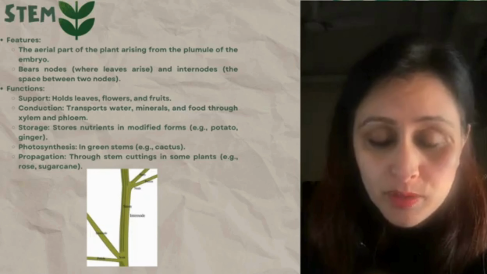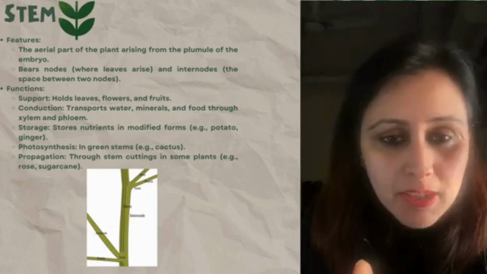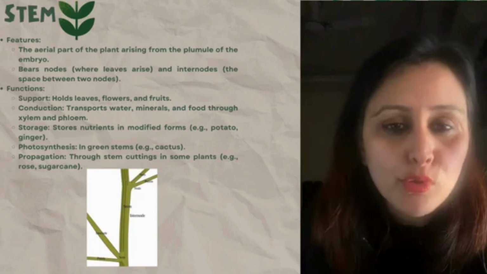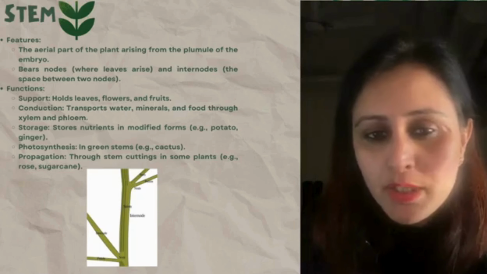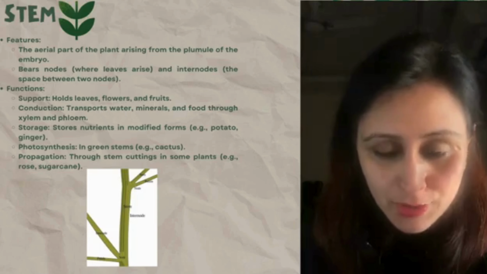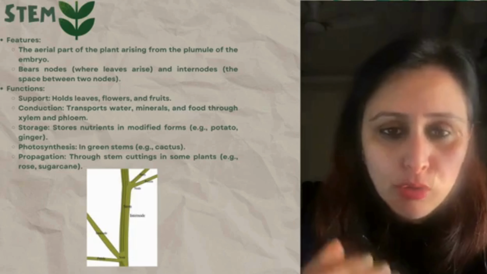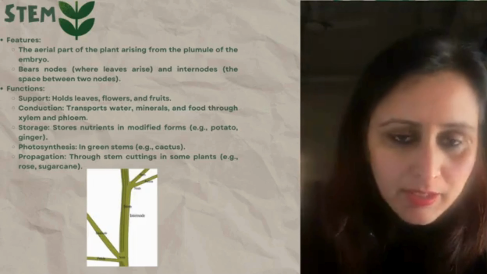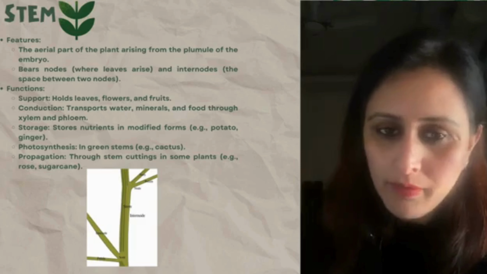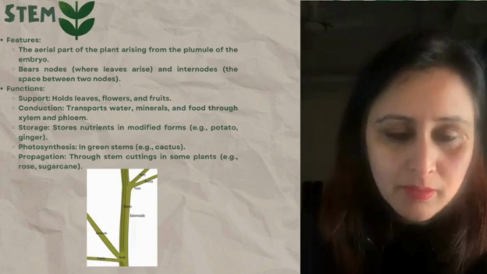That's again an important point, that stems are positively phototropic in nature, whereas the roots are negatively phototropic in nature. Photo का मतलब light. So the movement is towards the light, whereas the roots move away from the light, right?